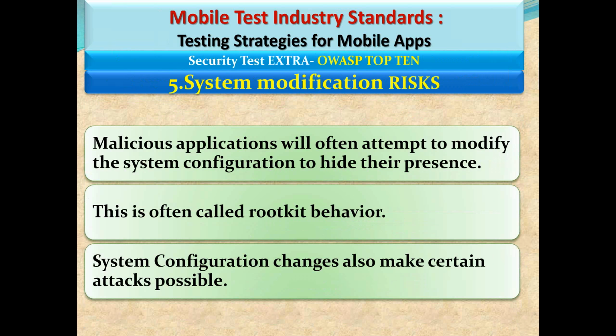Then we have the system modification risks, and malicious applications will often attempt to modify the system configuration to hide their presence. This is often called rootkit behavior. Configuration changes also make certain attacks possible, for example, modifying the device proxy configuration, or setting up email forwarders to shadow copy received messages.